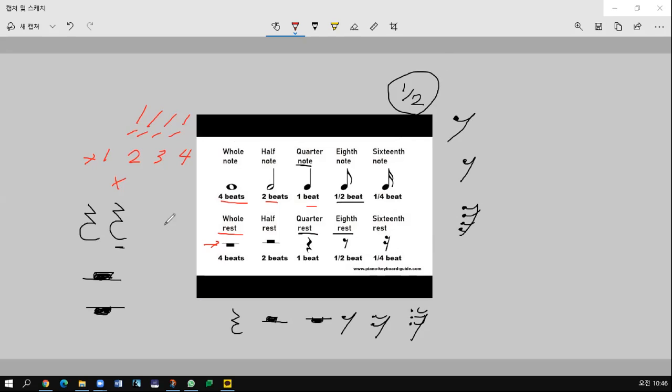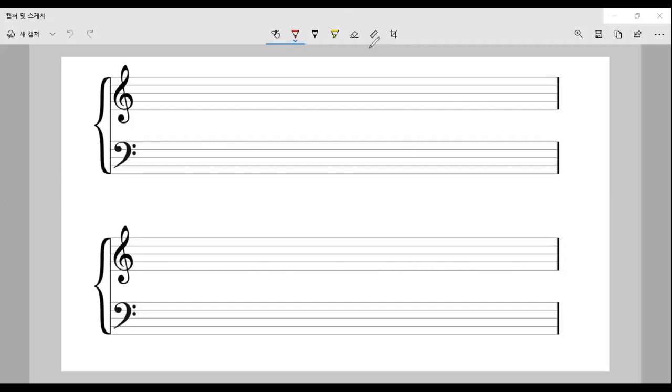Okay, so let's draw the notes and rests on the staff. Let's look at the staff here, now that we learned the notes and rests and their durations. Quarter note, the stem is going to be right here.